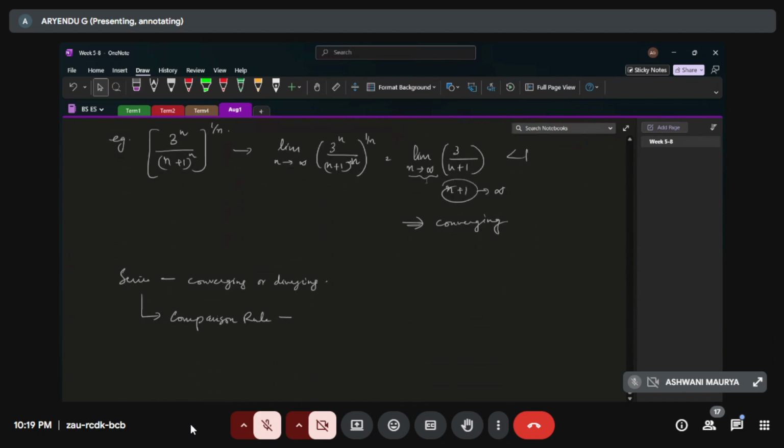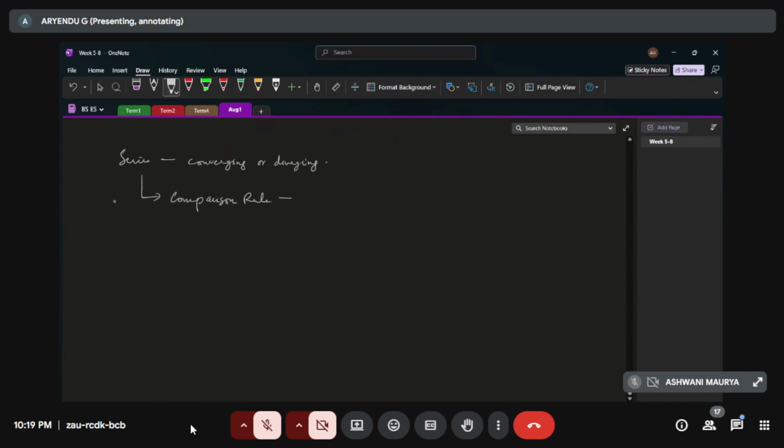So unless it is something of this format, or unless you can very quickly get a comparative series, it would be better to go with the ratio test first and then the root test. These are both very much similar, so you don't have to worry about that.